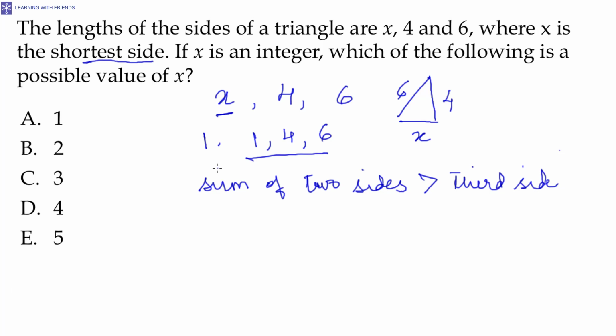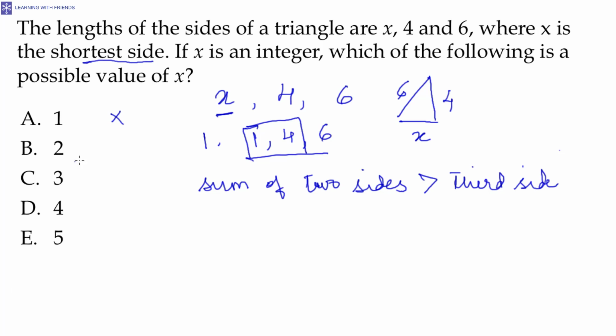So if that is the case, then you notice here that the sum of 1 plus 4, this sum is 5, which is definitely not greater than 6, right? Therefore 1 cannot be the third side. 1 is the wrong option.